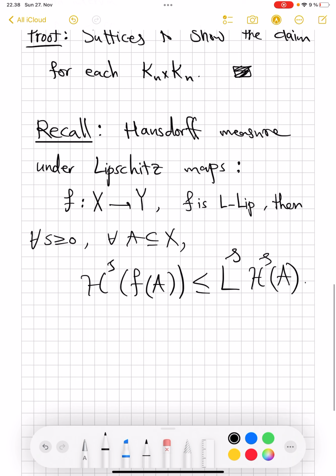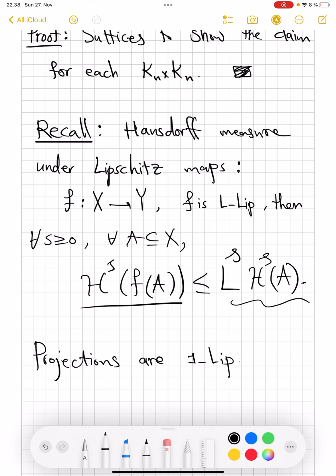the Hausdorff measure of the domain you started with. This becomes very interesting for the case of projections, because projections are one-Lipschitz. Also, it's an easy consequence of this that Hausdorff dimension also does not go up. It could go down. You could have positive here and 0 here, of course, for example, if f is a constant function.